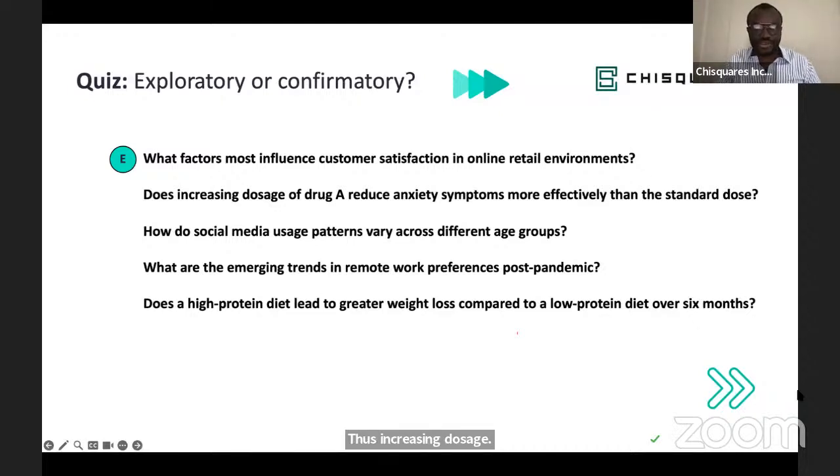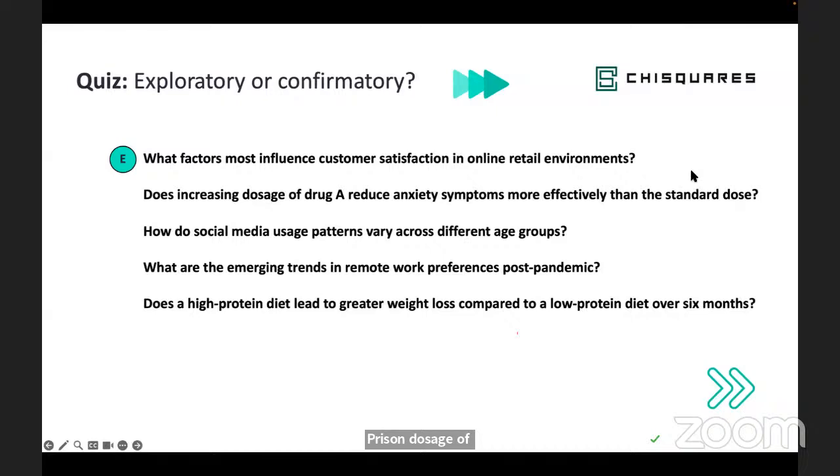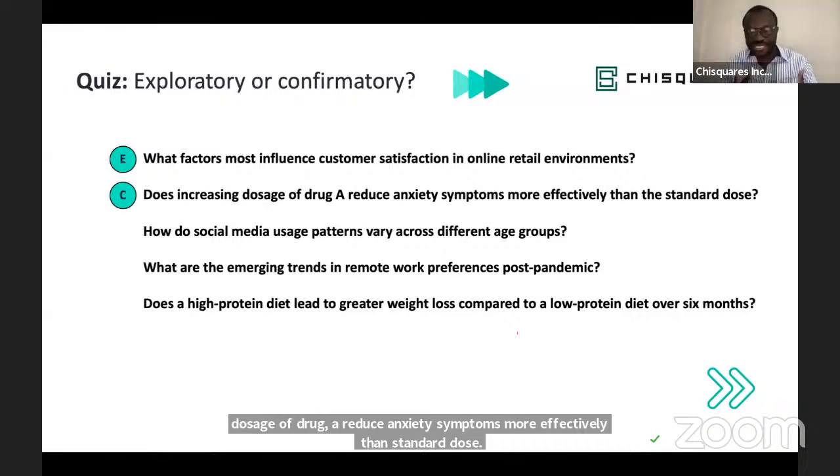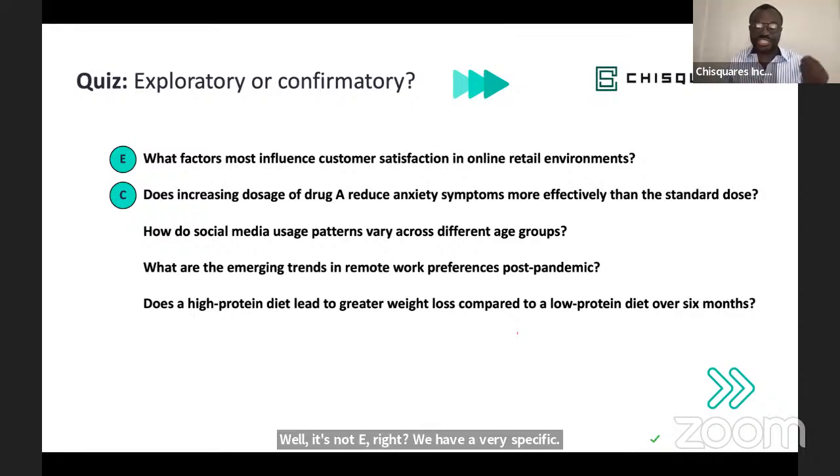Does increasing the dosage of drug A reduce anxiety symptoms more effectively than the standard dose? C, confirmatory. Well, it's not E, right? We have a very specific thing in mind. We're looking at dosage A versus dosage B for this drug A. We are comparing 2 doses to see how that affects the outcome, which is anxiety symptoms.